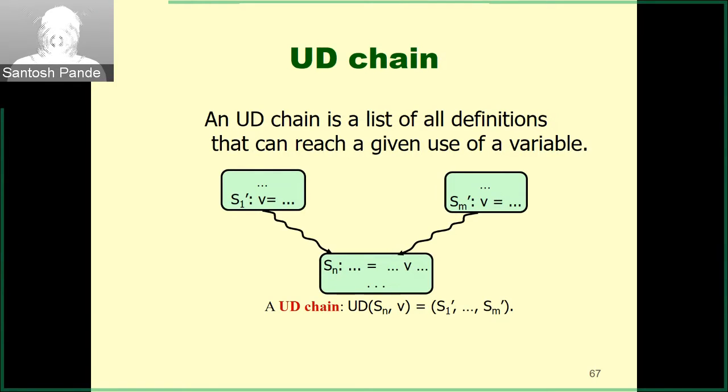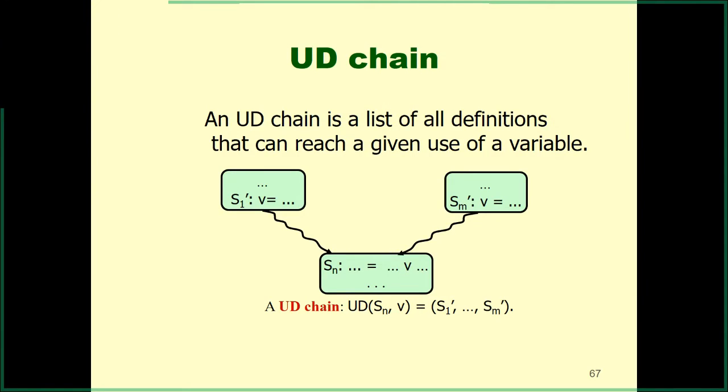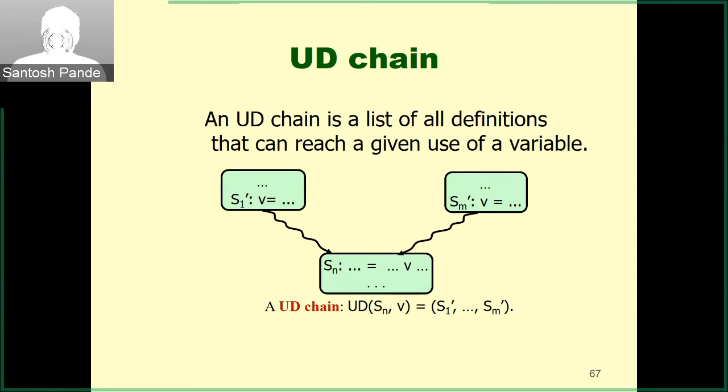The other use is what is called copy propagation. So let's say that we have a definition which is A is equal to B, and we have another reaching definition bound here.